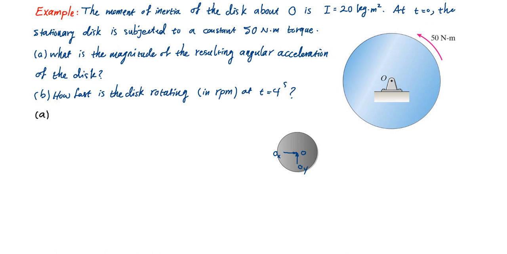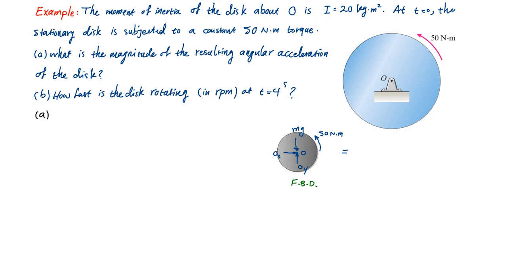So I have two forces there. I have the torque applied to this, and it's 50 Newton meter. And I also have the weight of the disk, the effective weight, which is mg, downward. Now this is equal to, let me write it here. This is the free body diagram we have.